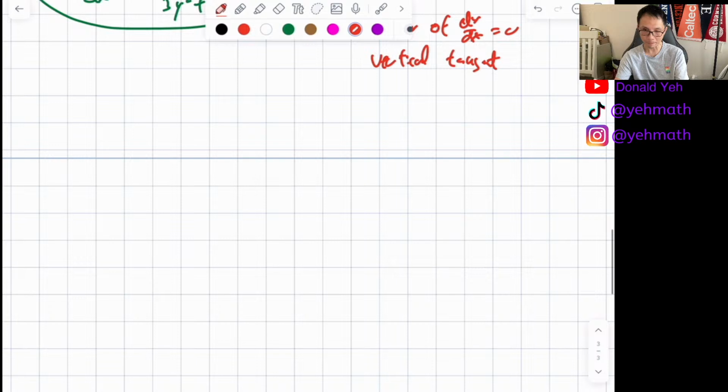You do have a horizontal tangent at 0, by the way. What we talked about is -10x equal to 0. You do have a horizontal tangent, and you have multiple vertical tangents. You have a vertical tangent here, here, here, and there. So you're going to set the denominator equal to 0.